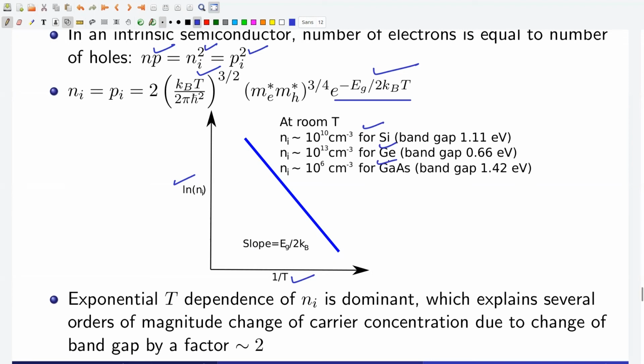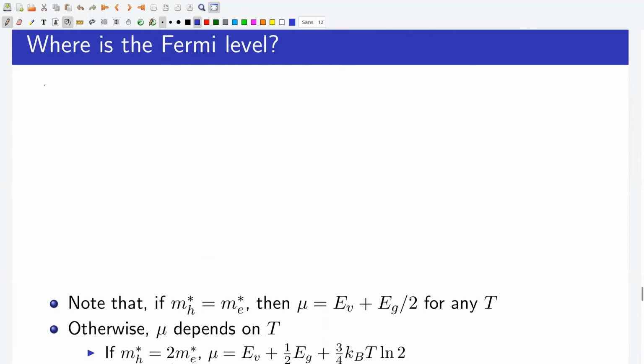Intrinsic carrier concentration also has exponential dependence on Eg, the band gap. This explains the orders of magnitude change of carrier concentration due to change of band gap by a factor of 2. Since in an intrinsic semiconductor, electron and hole concentrations are equal, let me equate the two terms.